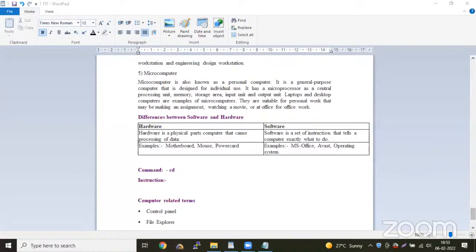Don't call personally; if you have any questions, put the message in the group itself. Once the classes are over I will leave the group, and you can stay if your classes are still going. That is the individual responsibility.